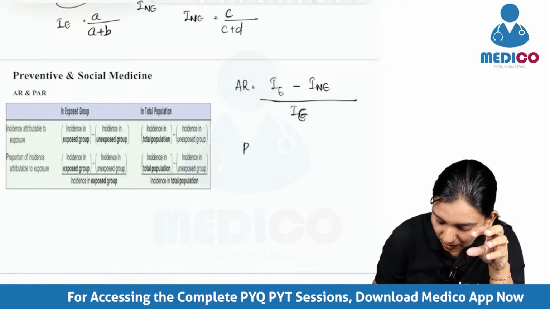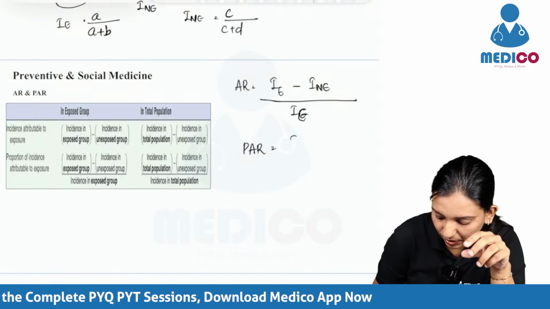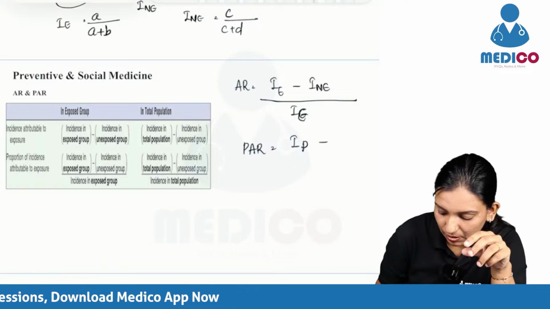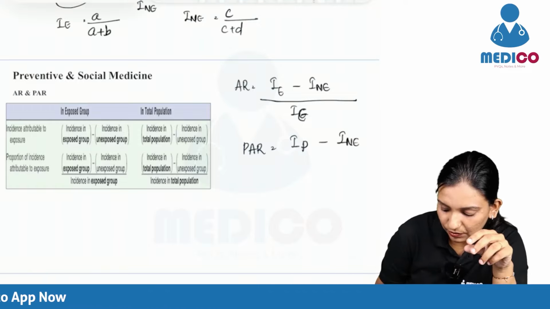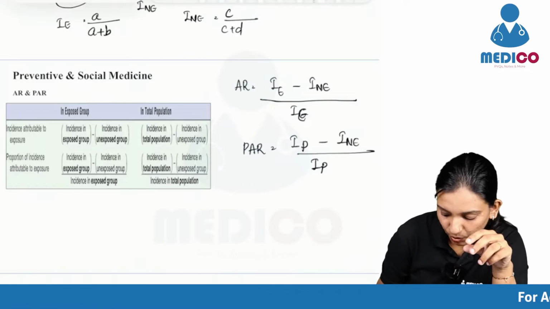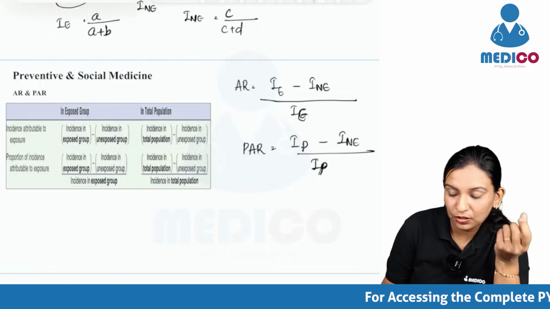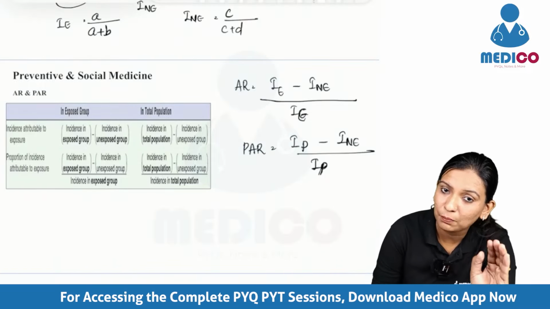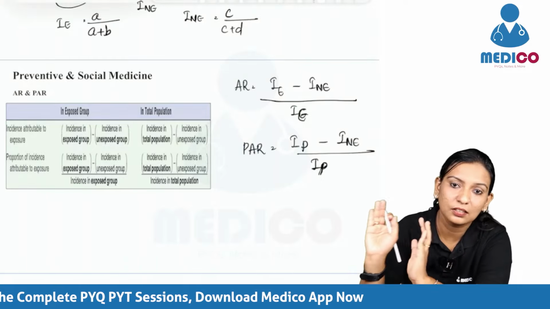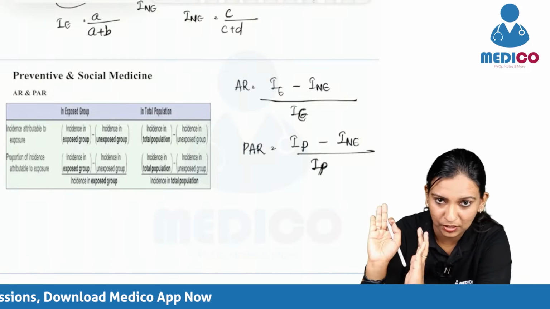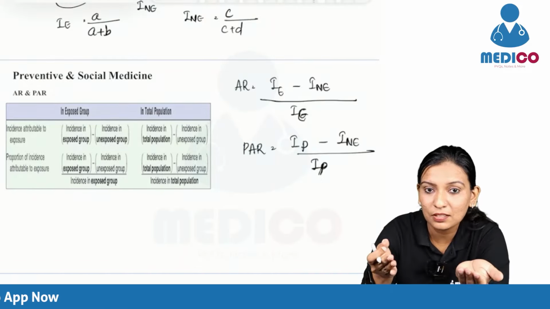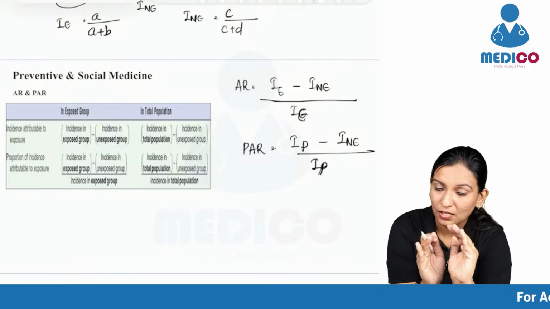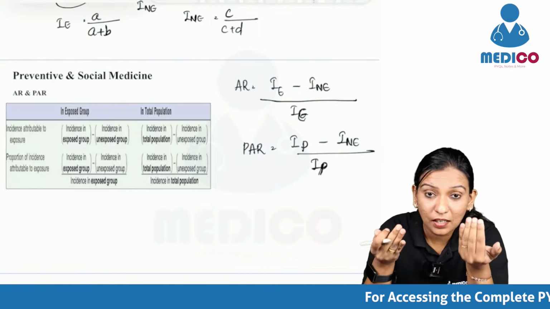In that case you are comparing in the exposed only. But if it's a population attributable risk, then you take incidence in the whole population minus incidence in the non-exposed divided by incidence in the population. So in attributable risk, you say this much of the risk can be avoided in the exposed people if this particular exposure is avoided. But in population attributable risk, you're considering not just the exposed, but also the non-exposed.